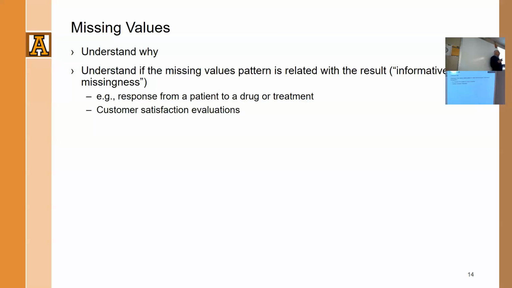Have you heard of censored data? No? When you do a clinical study, you follow the patients for a certain period of time. So you apply a treatment and you try to see if the treatment works, but you cannot go on forever. So you say, well, I'm going to follow these patients for about a year.